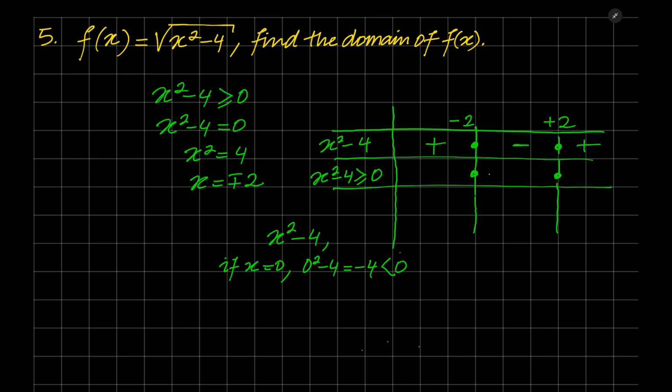Then x squared minus 4 is greater than or equal to 0 in this region and in this region.